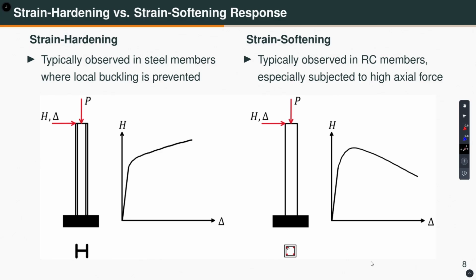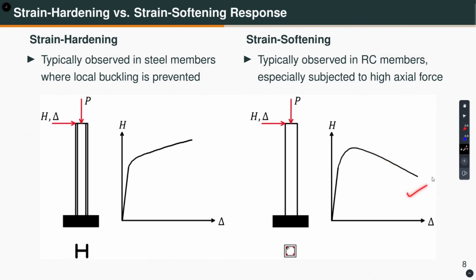Let us understand what is strain softening response and what is strain hardening response. Strain hardening response is typically observed in steel members if the local and lateral torsional buckling are prevented. If there is no instability, then for this cantilever the horizontal load versus delta relationship is initially linear and then there is this hardening. This is called strain hardening response. On the other hand, strain softening response, which is typically observed in reinforced concrete members, especially those subjected to large gravity load, the lateral force versus delta relationship increases, goes to the peak and then drops down.